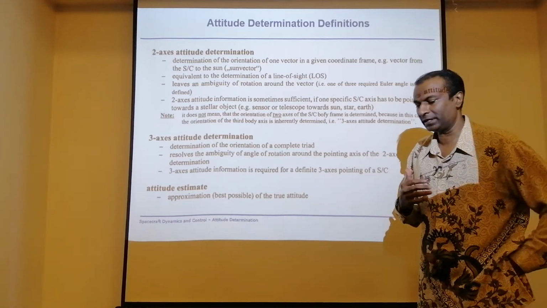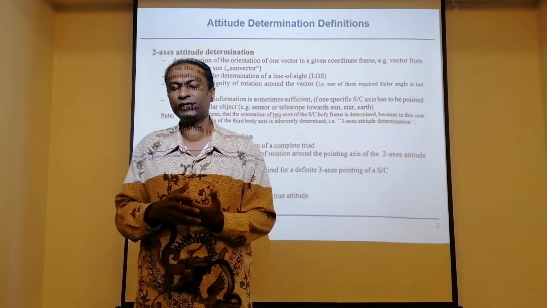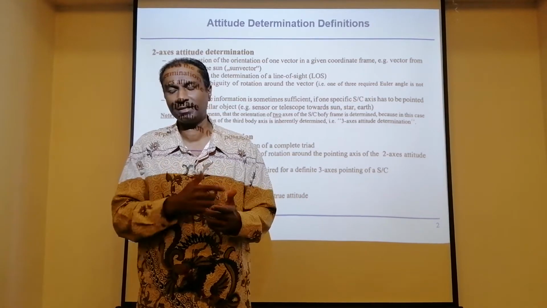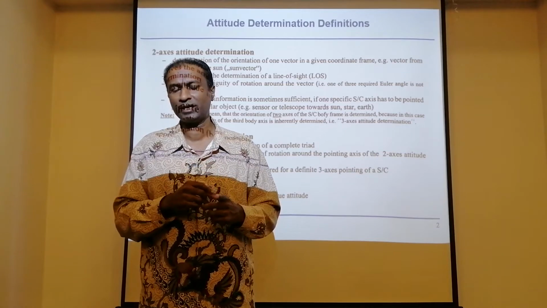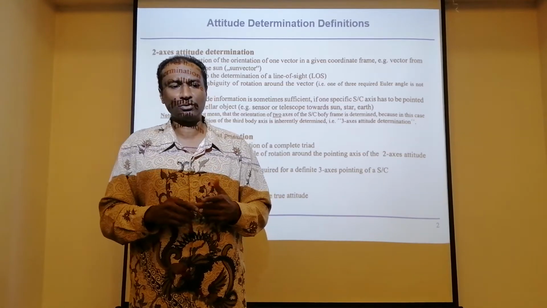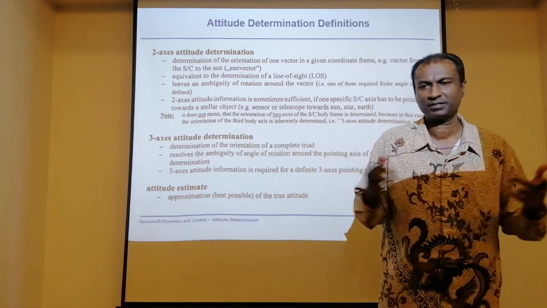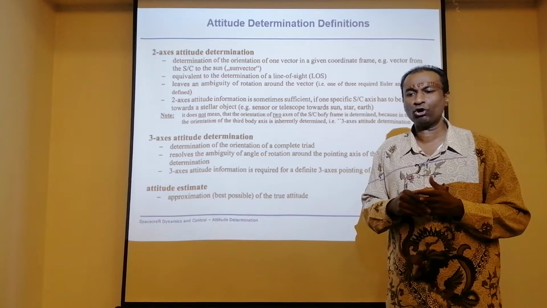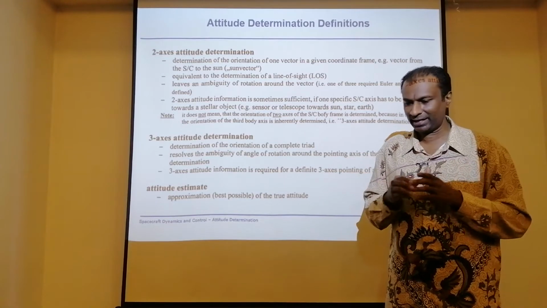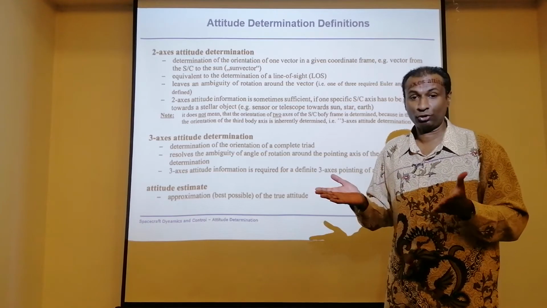For example, we've been exposed to our three axes in local vertical, local horizontal. We have the roll axis, the pitch axis, and the yaw axis. So assume that I have a sensor, for example a sun sensor, and I embark it along the z-axis, and the z-axis is facing planet Earth, yaw.